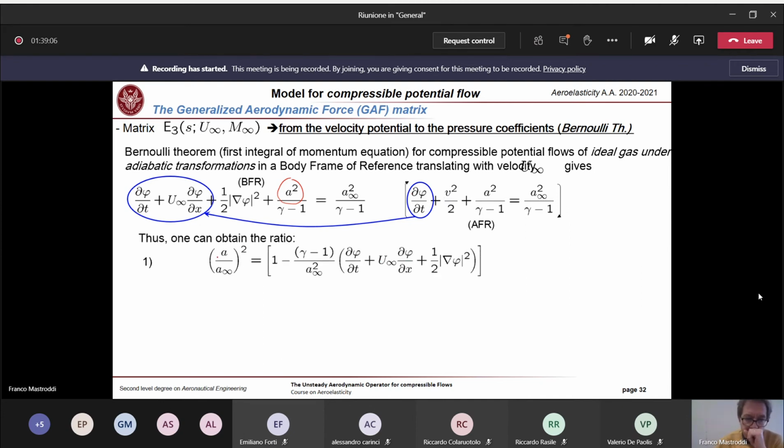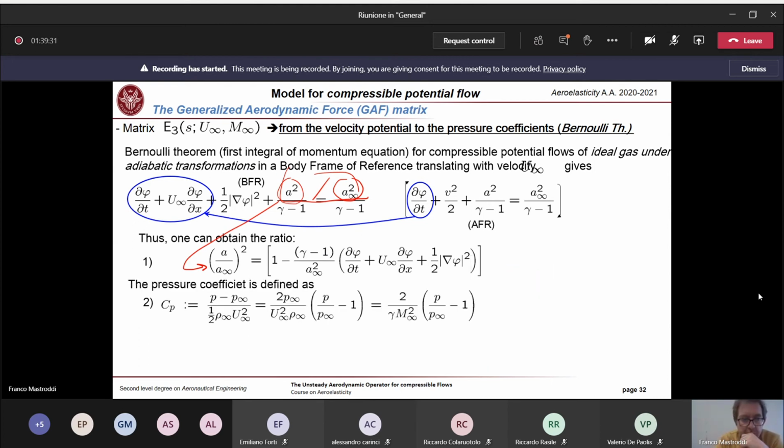Now, first, we can obtain this ratio by modifying this formula, so we can obtain it by Bernoulli theorem and express it here. Okay, but this is not the pressure.